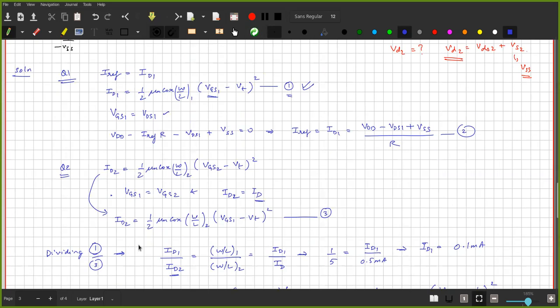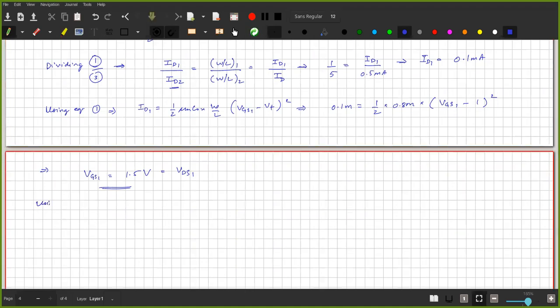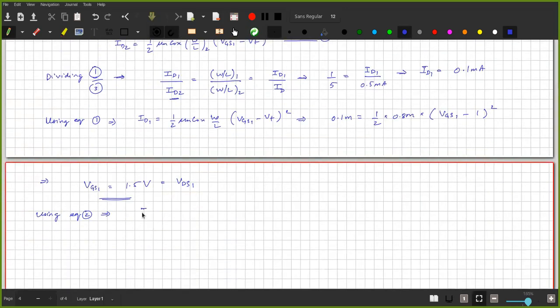Now you can use equation 2 here. Using equation 2, I get ID1 equals VDD minus VDS1 plus VSS by R. So ID1 is 0.1 milli, equal to VDD, which is 5 volts, minus VDS1, which is 1.5, plus VSS, which is 5, divided by R. So R value is finally 85 kilo ohms.